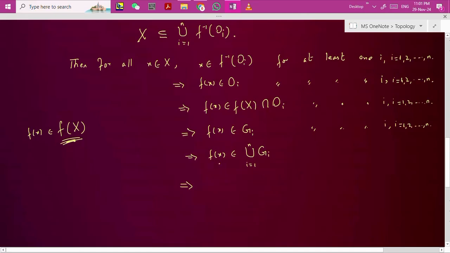And this implies that f(X) is a subset of the union of gi, I from 1 to n.